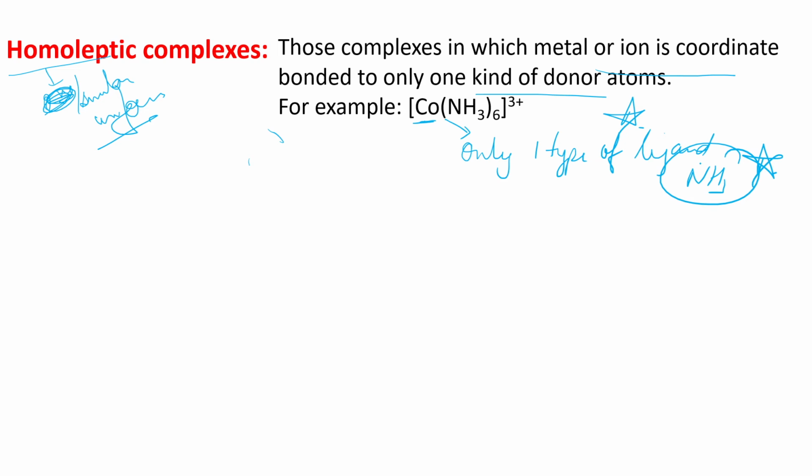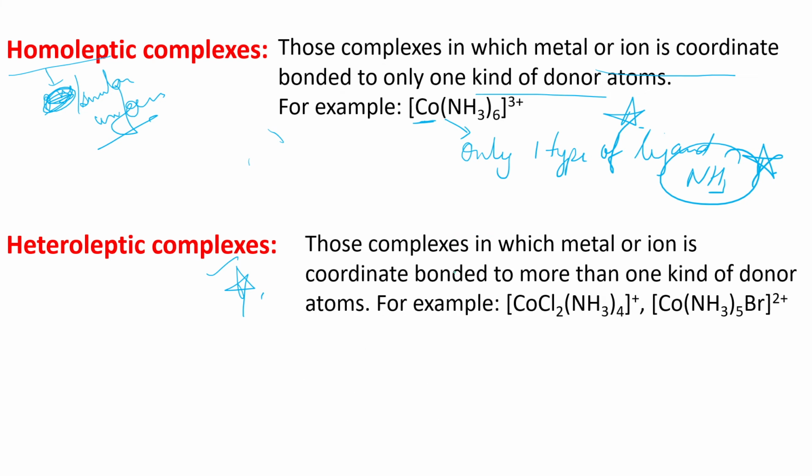So these kinds of complexes are called homoleptic complexes, while heteroleptic complexes are those where there is more than one kind of donor atom. For example, here four ammonia molecules are coordinating and two chloride ions are coordinating to the cobalt. Four are ammonia and two are chloride.